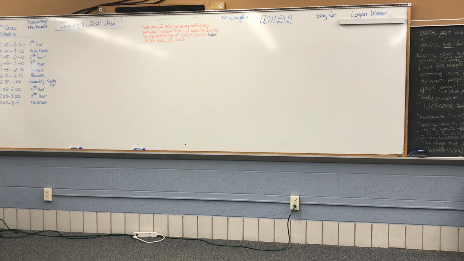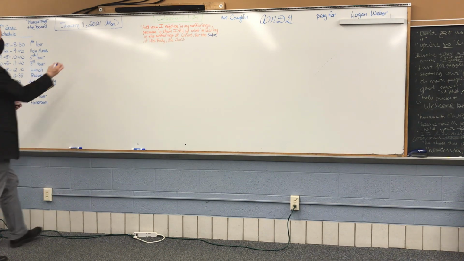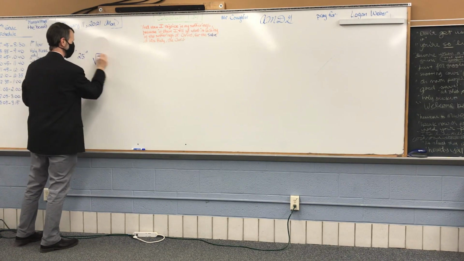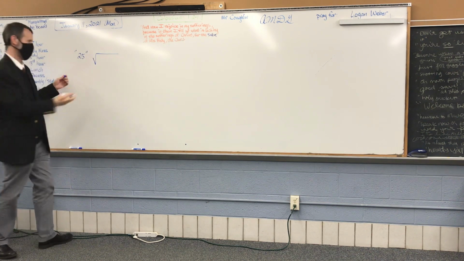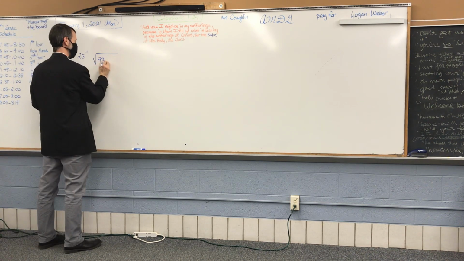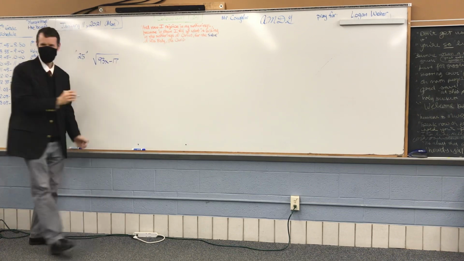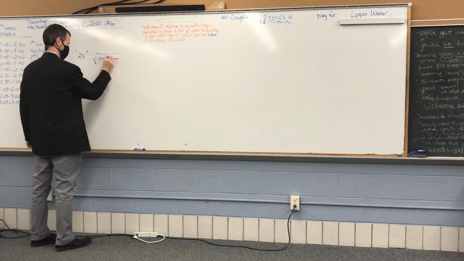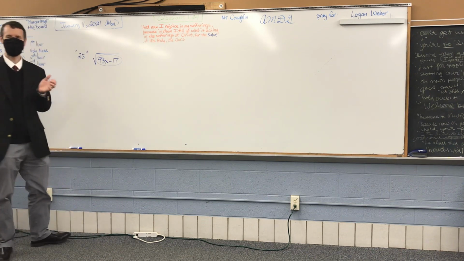I got 25 right, but can you give another example? I'll do one off the top of my head. So 25, let's just say you have a radical, and I'm just going to make this up: 93x minus 17. The thing you have to remember for radicals is that the stuff inside cannot be negative.